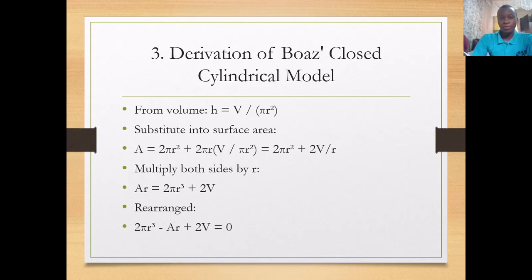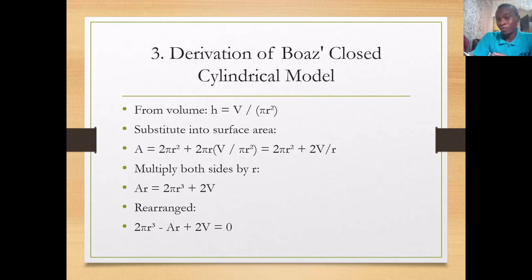From the expression of the volume, V = πr²h, making h the subject, we have h = V/(πr²). Then substitute that expression into the surface area, 2πr² + 2πrh.